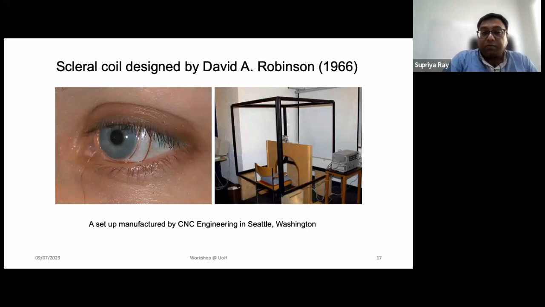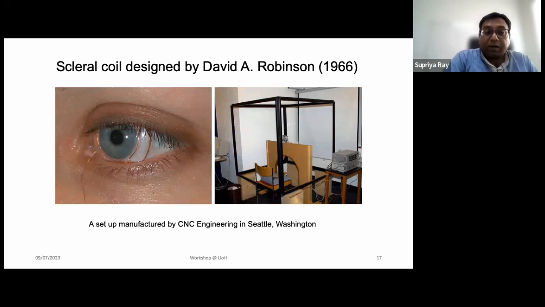They tend to move their head, lean forward and backward, and then you can easily lose the gaze position. So David Robinson, who was by training an electrical engineer, devised an apparatus which we call the scleral coil, which has been in use for many years.